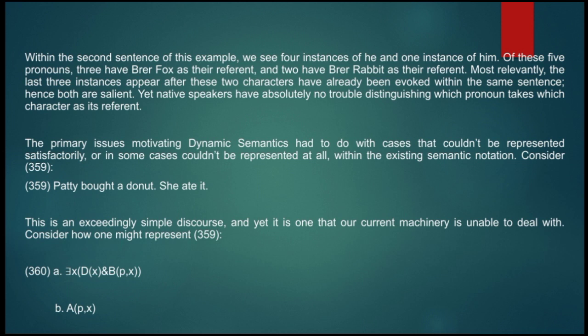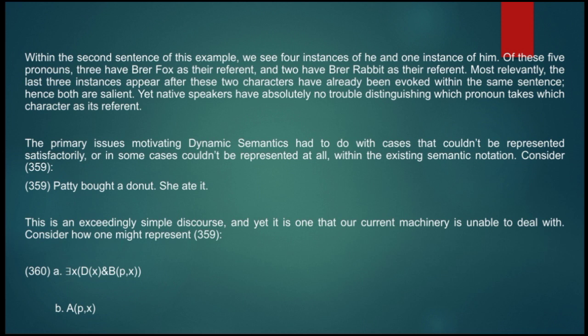Of these five pronouns, three have Brer Fox as the referent, and two have Brer Rabbit as the referent. So most relevantly, the last three instances appear after these two characters have already been evoked within the same sentence. Hence, both are salient, yet native speakers have absolutely no trouble distinguishing which pronoun takes which character as its referent.